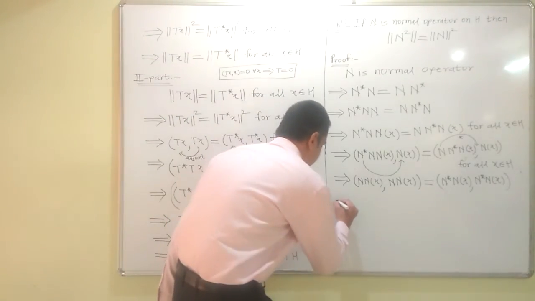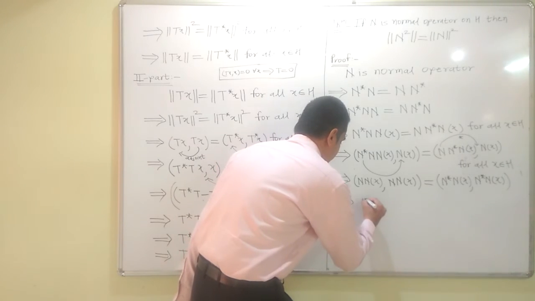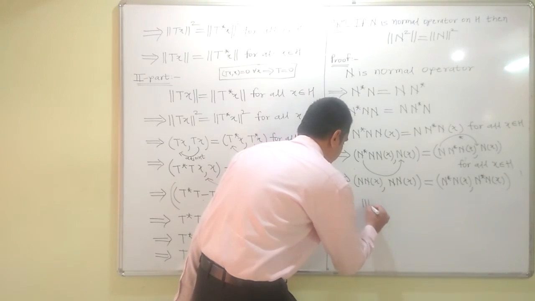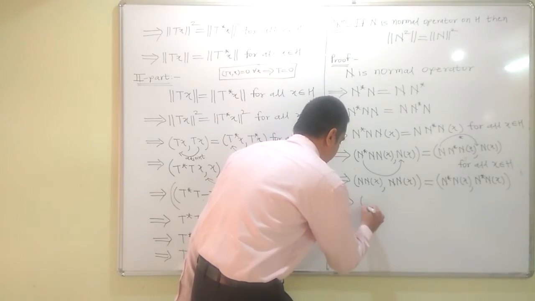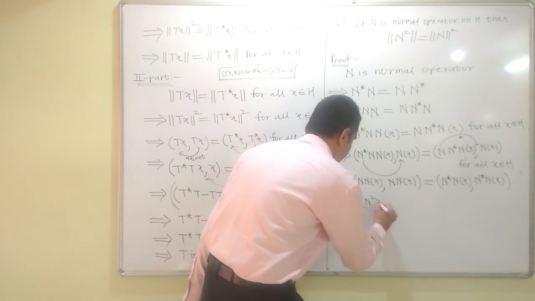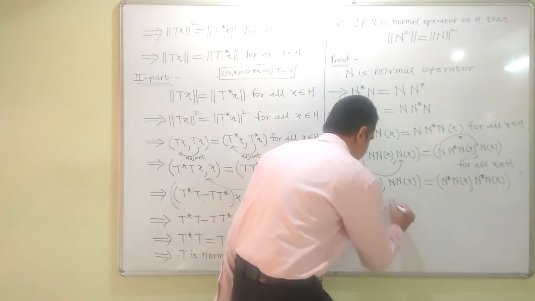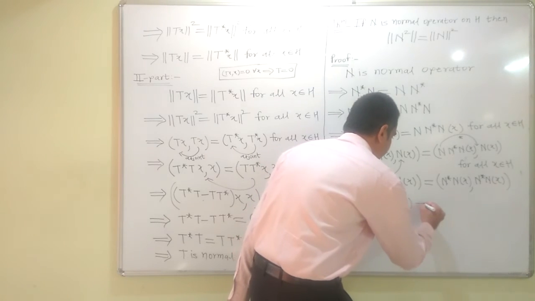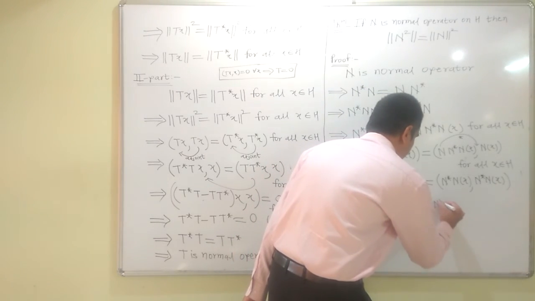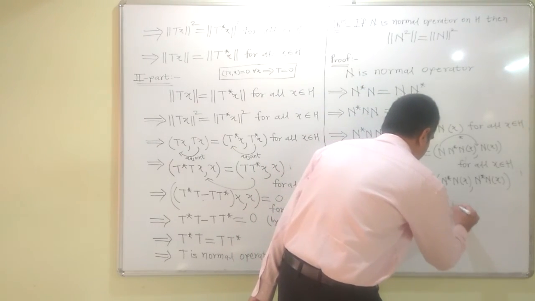On simplifying this you will see that this is nothing but the inner product of N²x with itself, and this is the inner product of N*Nx with itself.